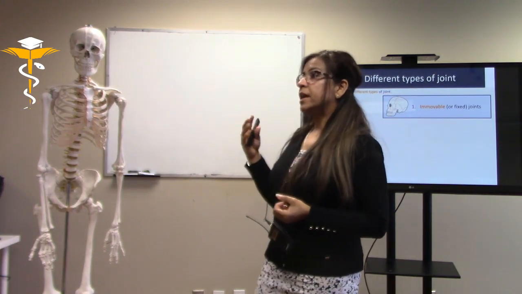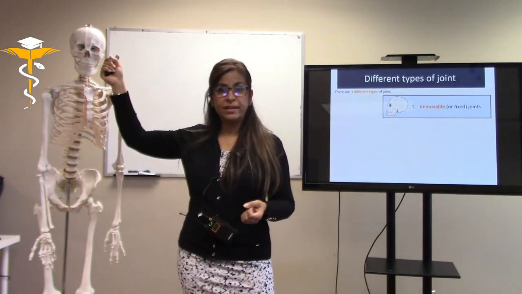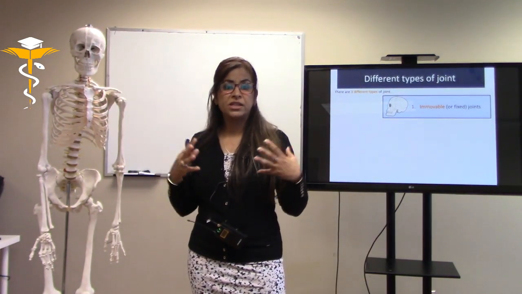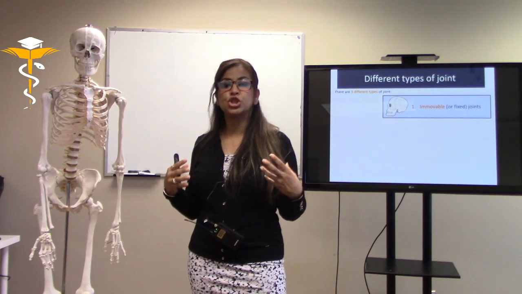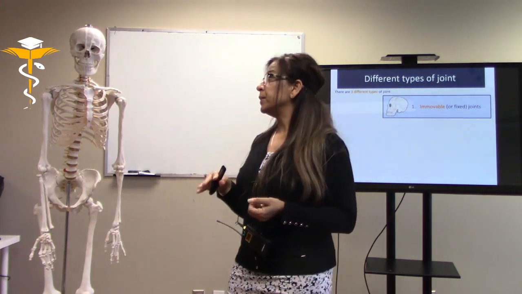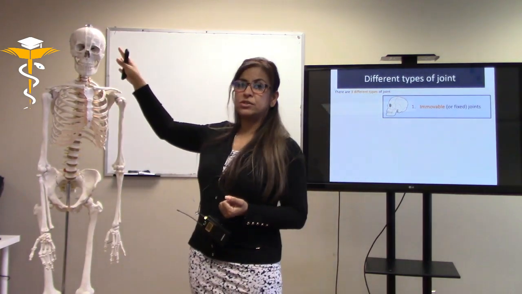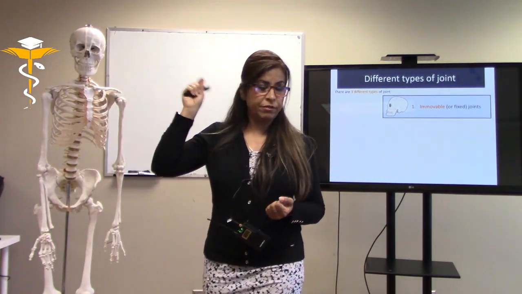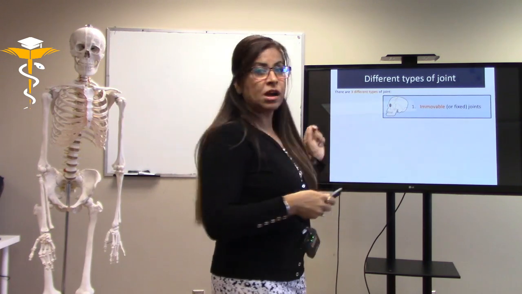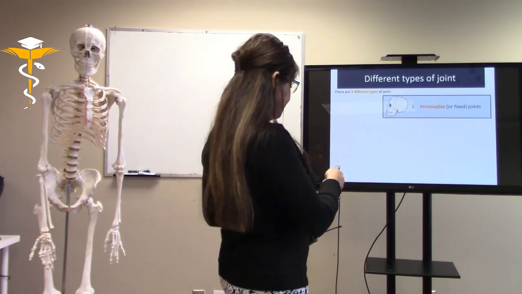If there's a slight blow to the head, then the expansion will provide shock absorption. It will absorb the shock, and there will be less chance of our skull getting fractured. So this is our immovable joint.